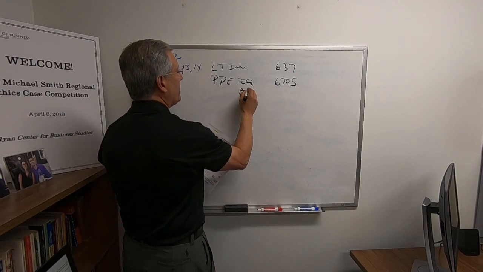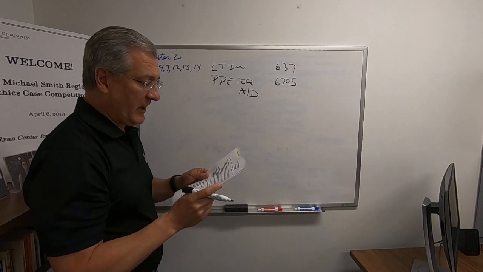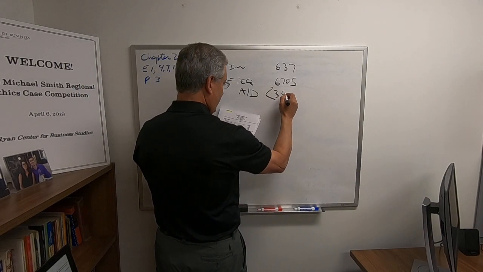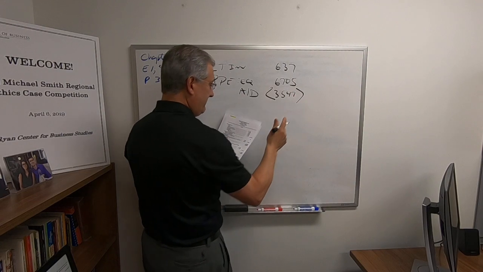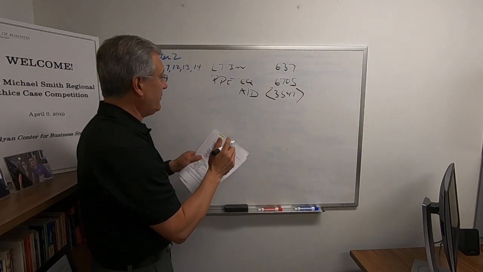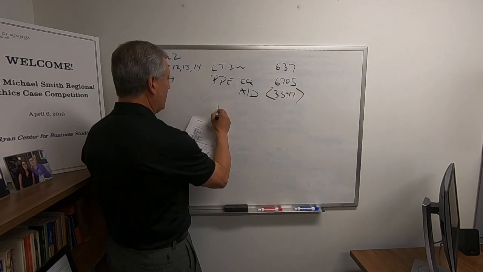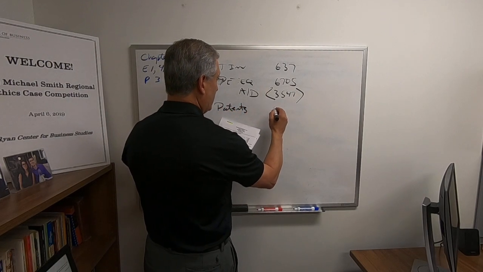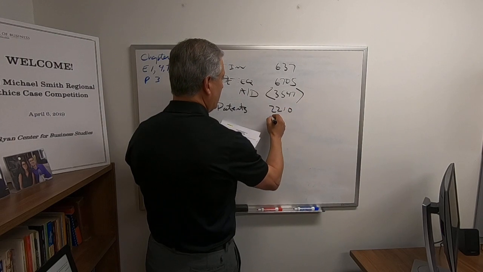And you're going to have the accumulated depreciation, which is a contra asset. I suggest putting it in brackets, 3547. And then you have your intangible assets, which are patents, at 2210.